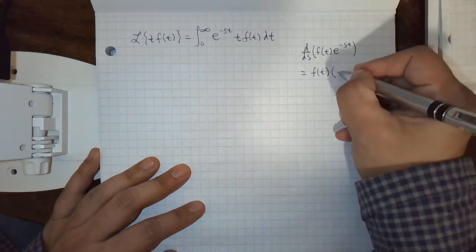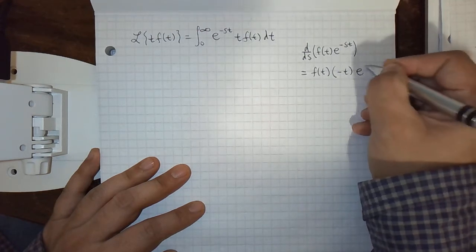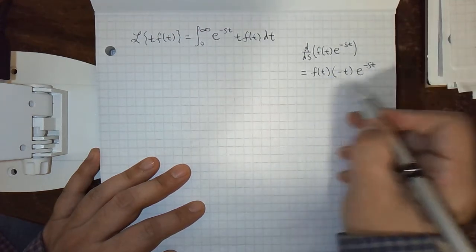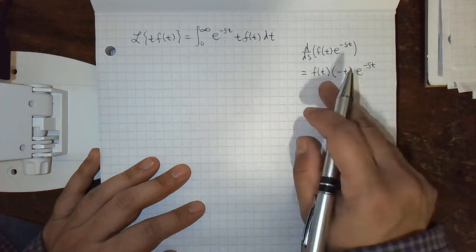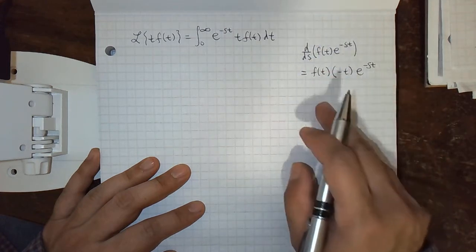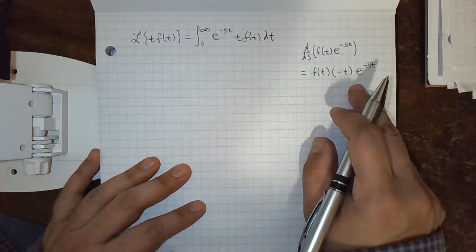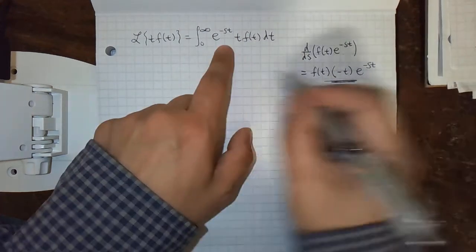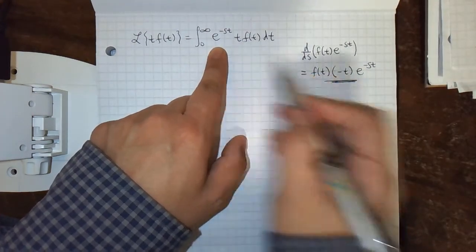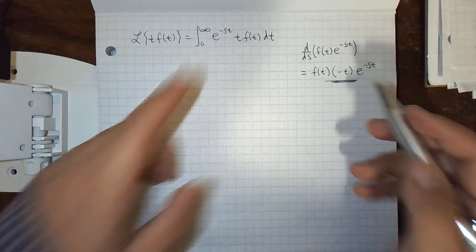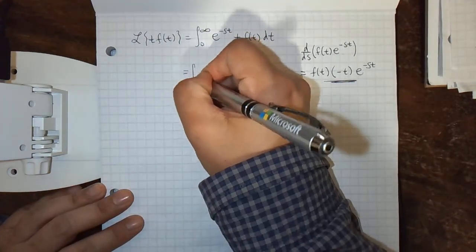So we pull down a constant of negative t, e to the negative st. Take a minute, make sure you agree with that. T is a constant, so the derivative of this with respect to s is this. That looks really similar to what we have here, except for the negative sign. Right, so I can multiply by a negative sign and get that.